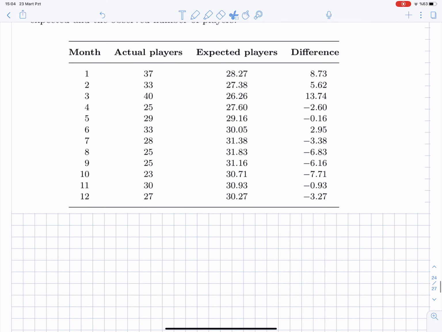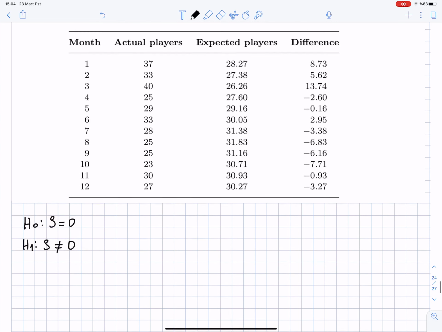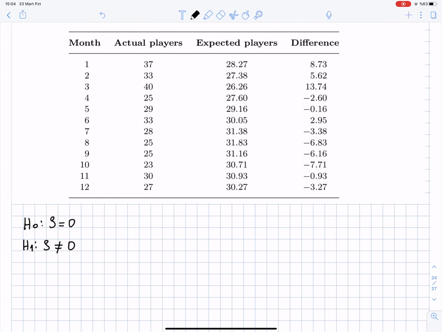So the hypothesis we can construct for this would be H0: no correlation, and the alternative is rho is not equal to zero. That's the hypothesis we construct, and let's use an error probability of 0.05, the universal error probability.